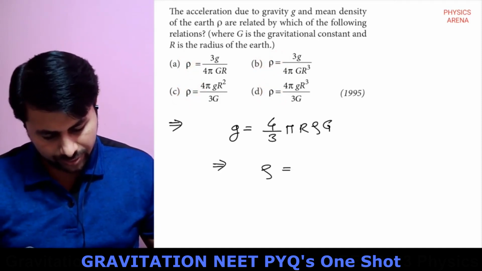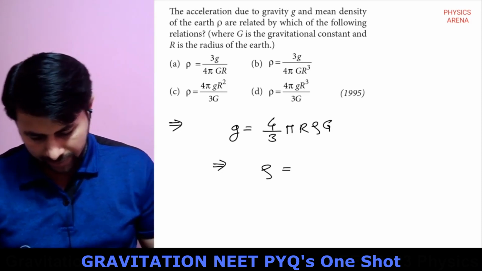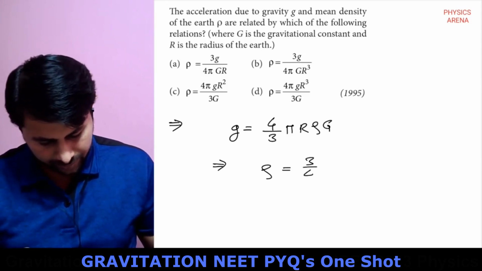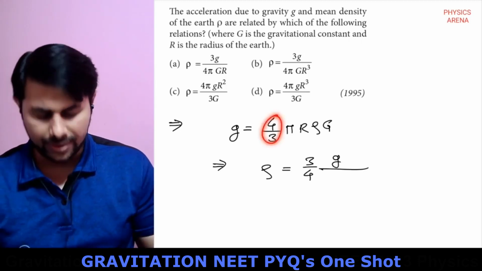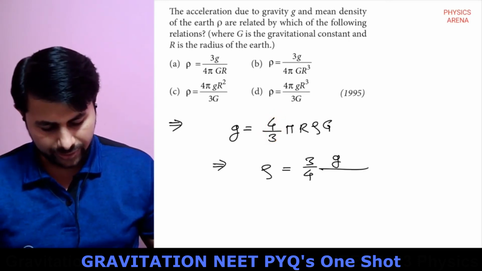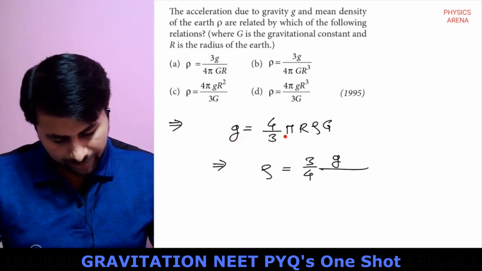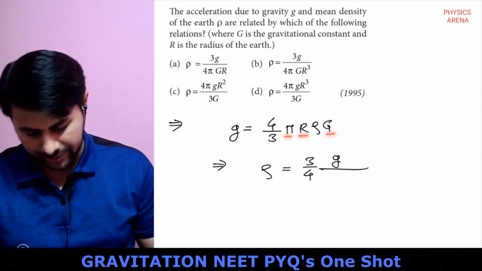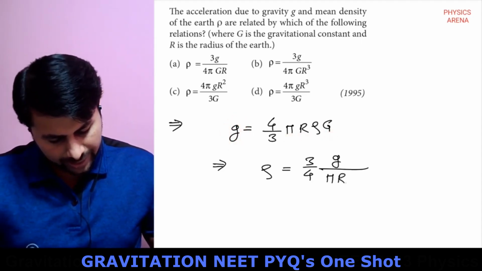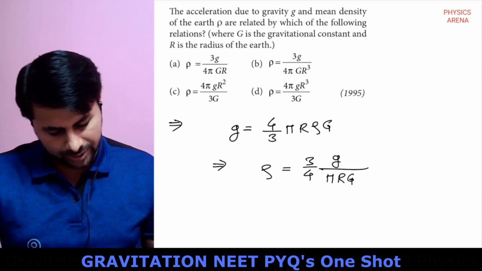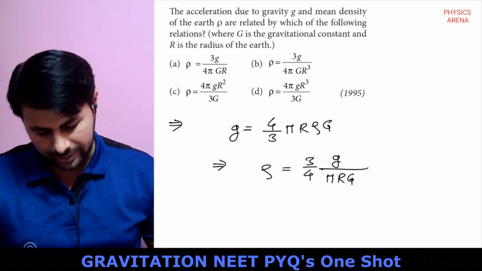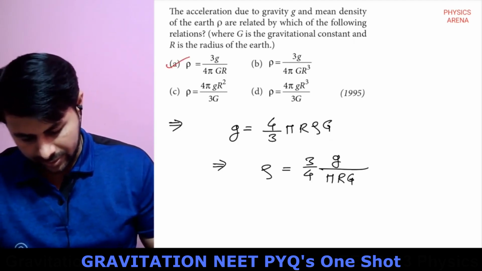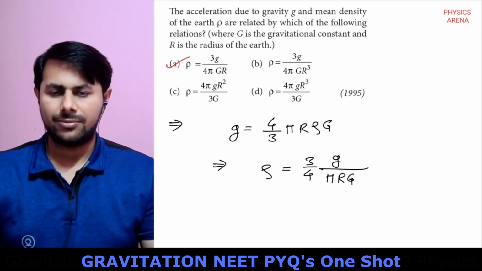So rho is equal to 3 by 4 times g, if I take this on the other side, divided by pi r capital G. Which option is that? Option A, right? Option A is the answer.